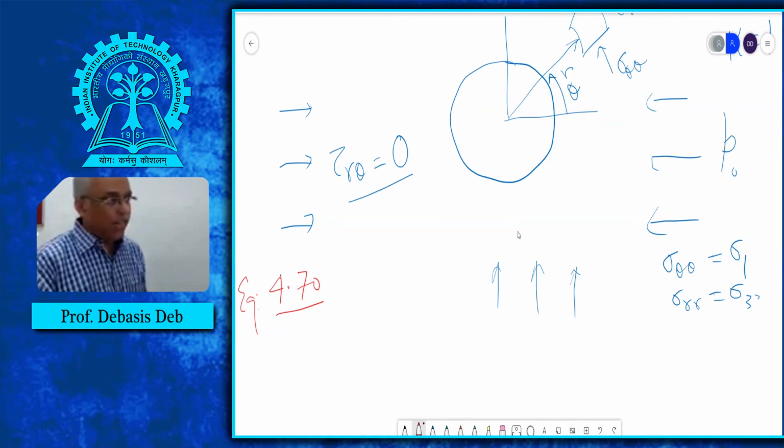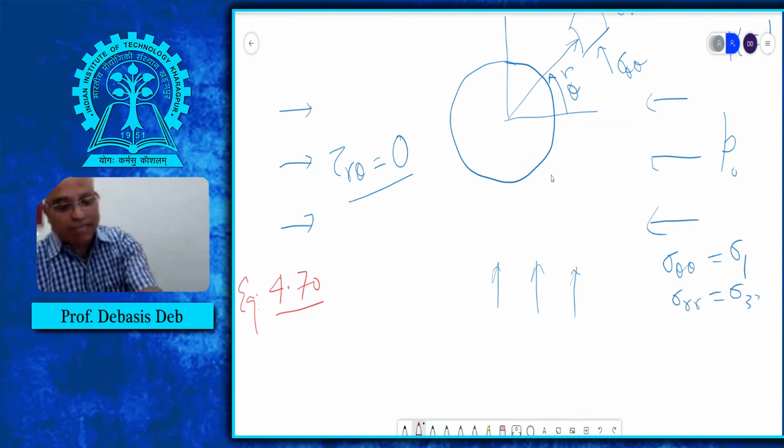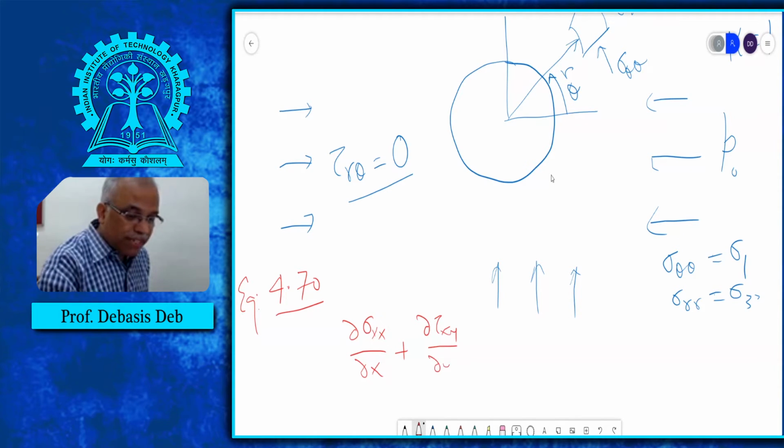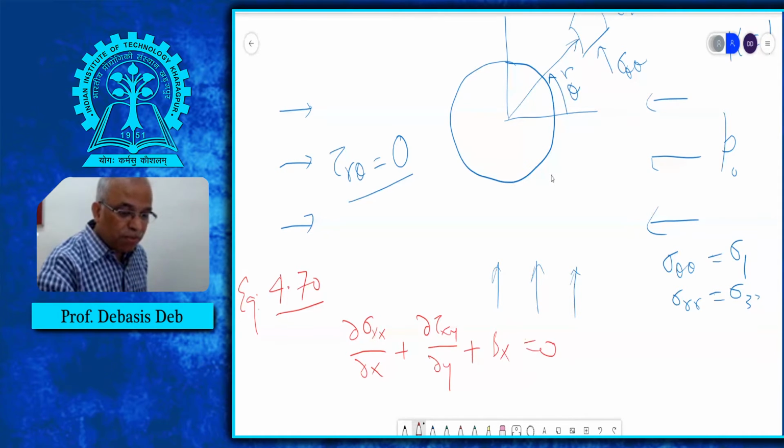If you remember, for Cartesian coordinate system, I gave you del sigma xx by del x plus del tau xy by del y plus bx is 0. You remember that formula I gave you?